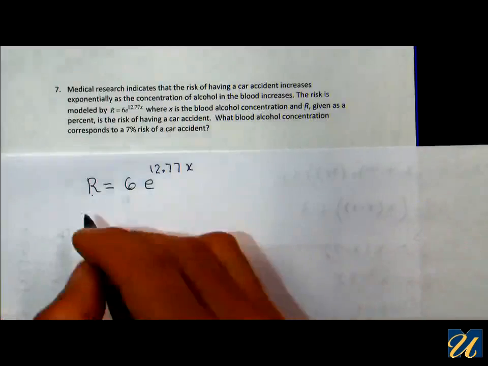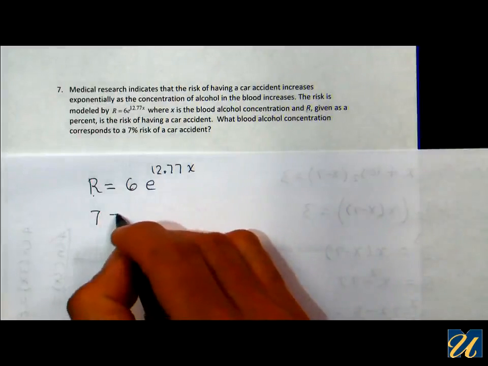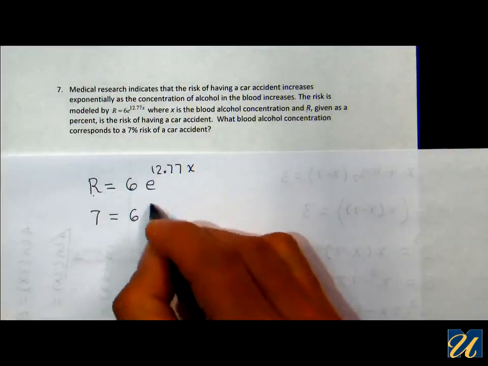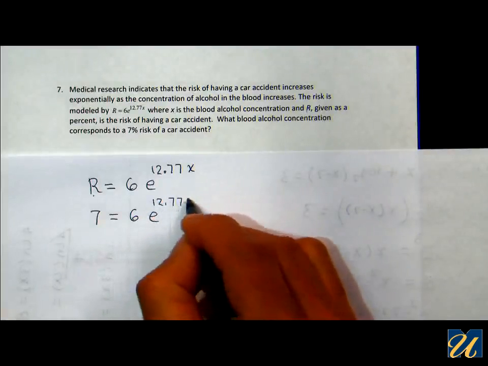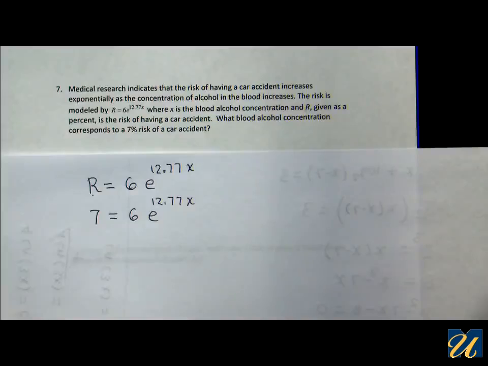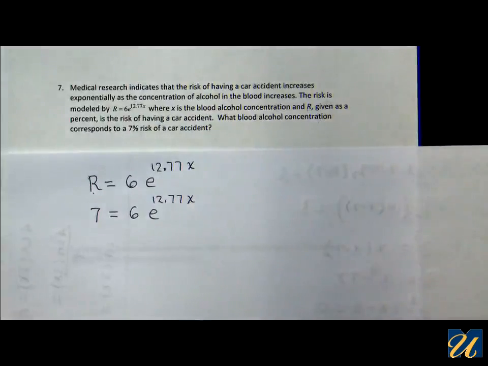So as a percent then, 7 is its percent. So 7 is our R, and then we need to find the value of x, which is the blood alcohol concentration. Okay, that's what they're asking us to find. What blood alcohol concentration? That's find x.